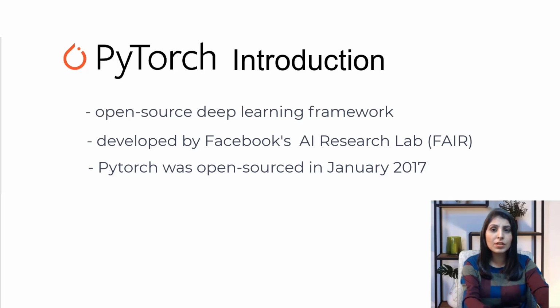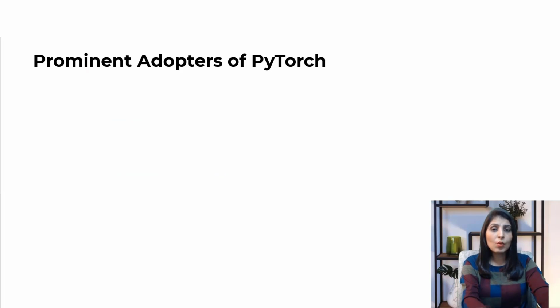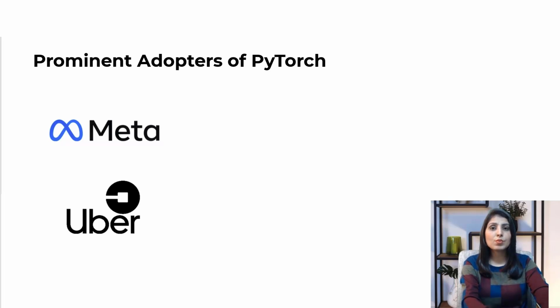Let's look at some of the industries that are using PyTorch. Starting with the birthplace of PyTorch, Facebook AI Research Lab, known as FAIR, continues to be a major contributor to the framework's development. Uber, a leading player in the transportation industry, has incorporated PyTorch into their AI lab.